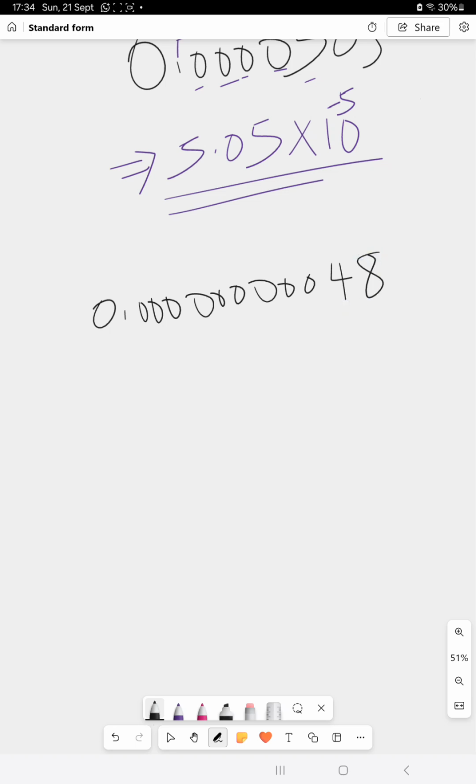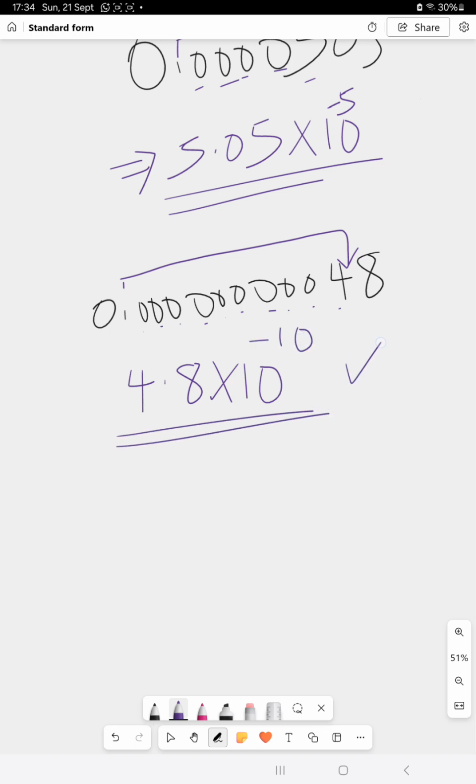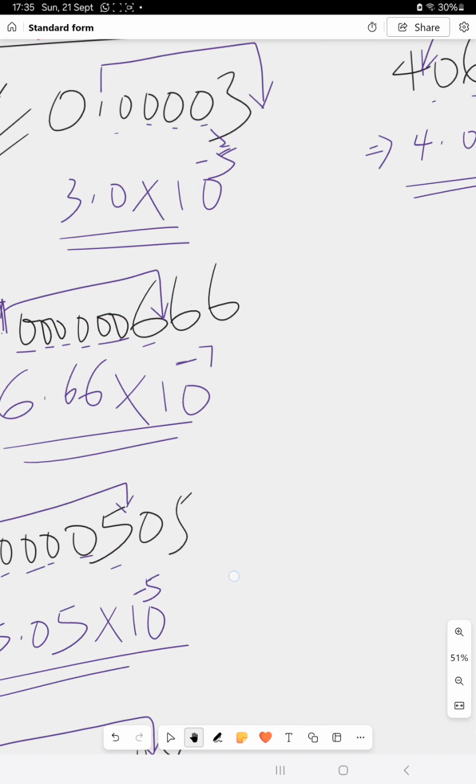Then we are shifting this decimal point from this point all the way to there. And this means it is now 4.8 times 10 raised to what? 1, 2, 3, 4, 5, 6, 7, 8, 9, 10. Negative 10. Please take note of that. Thank you. Let's go to the next question.